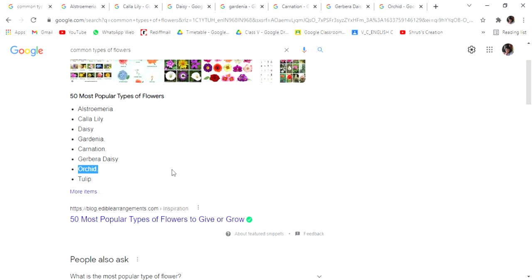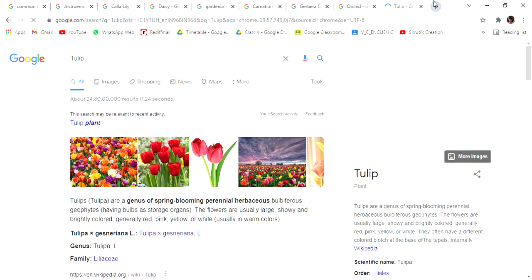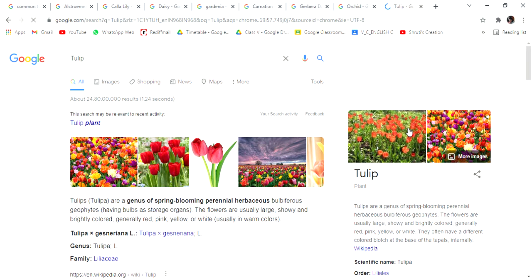Now tulip comes in many colors. We know that tulip is a common, famous, popular flower, and it's really good. Let me show you tulip.